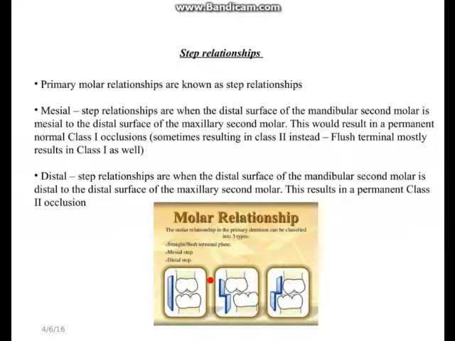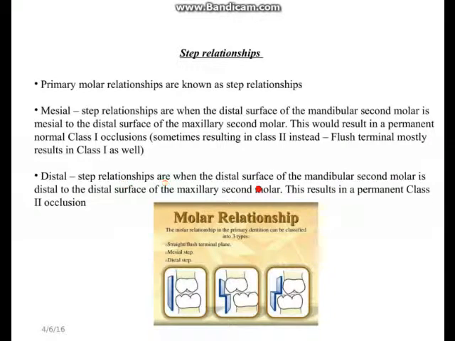But since there are a lot of clinical cases that are different, just keep in mind that the straight flush terminal plane will result in class 1 for sure, right? The mesial step may result in class 1 or class 2, depending on the primate spaces, the permanent teeth size and shape, and all those factors play a role. The growth of the child, how fast the child is growing, too.